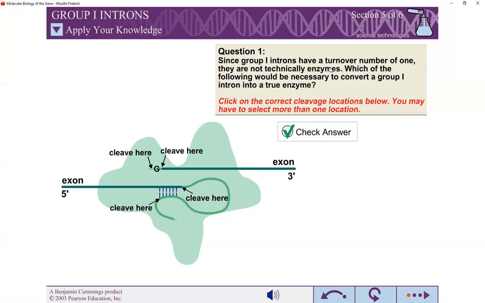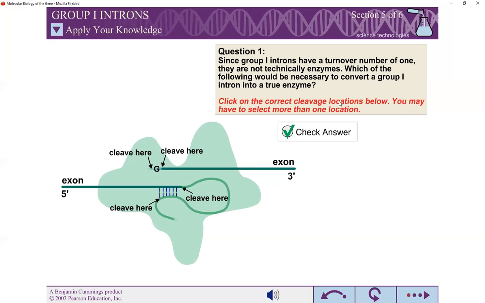Since group 1 introns have a turnover number equal to 1, whenever the group 1 intron works, it converts only a single substrate into a particular product. So to convert it into a true enzyme, we will have to cleave it.